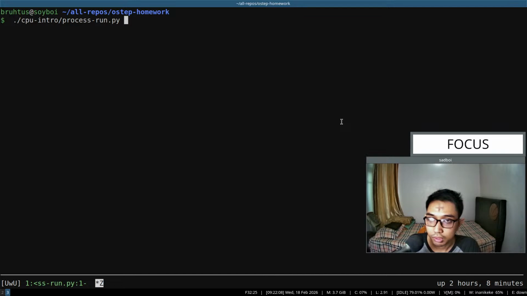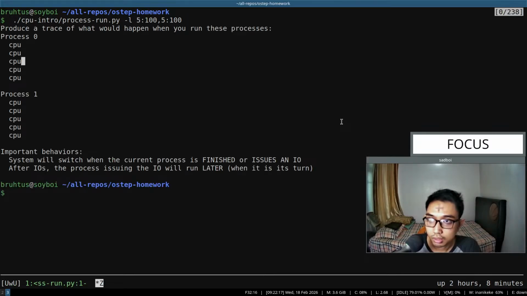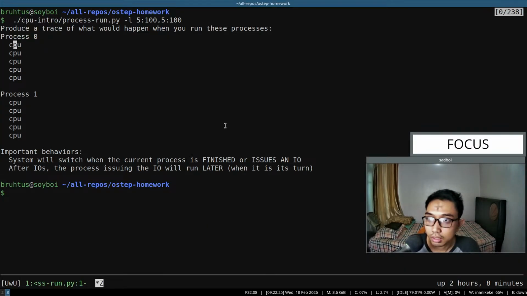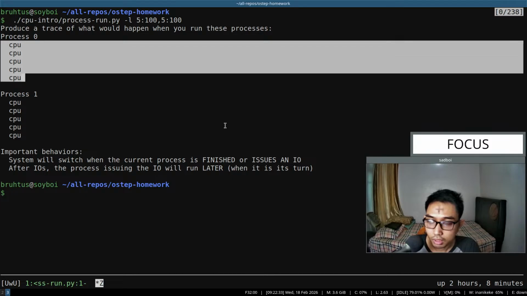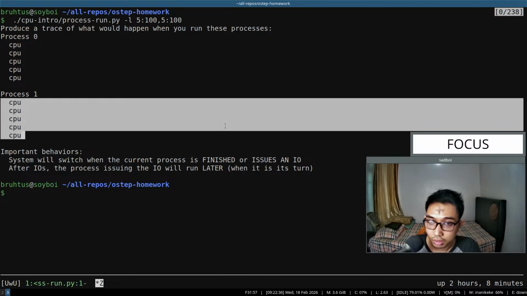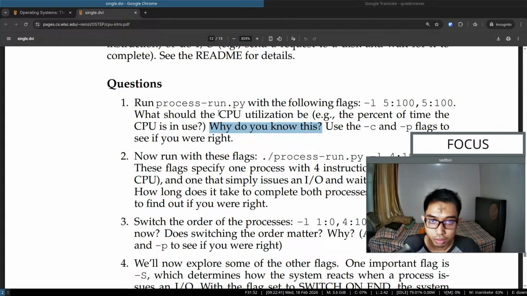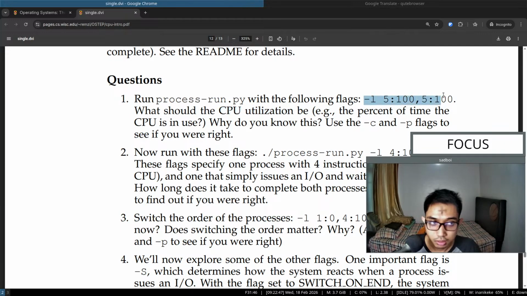Or well, we can also take a look at the, what is it called? The report, I guess. So maybe to answer this question, why do you know this? The information is from this report of what would happen running the CPU and then running on CPU. So the CPU utilization is 100% in this case.